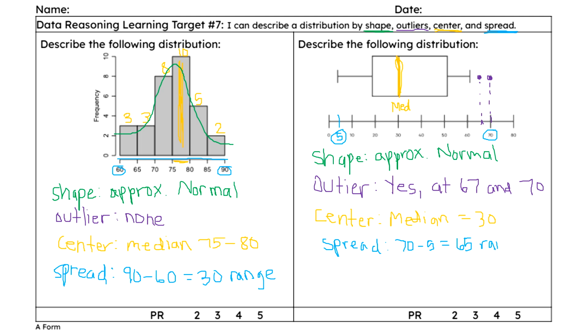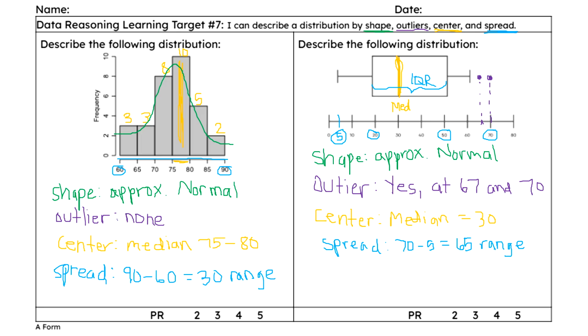And the other one that I can also find is the range of the box, from here to here. So from here to here, I want to know how far that is. That goes from 20 to 50. So we're going to call that your IQR. That's your interquartile range right here.